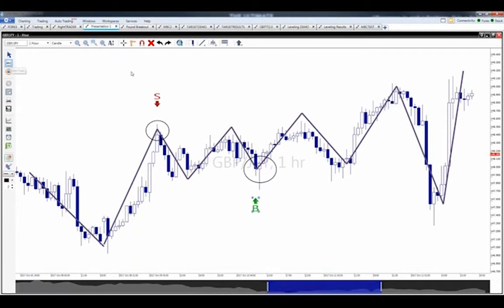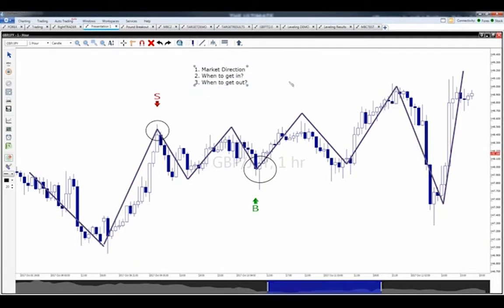Now, there's three things every trader must know when entering into a successful trade. You got to know, number one, market direction. Number two, when to get in. And number three, when to get out.